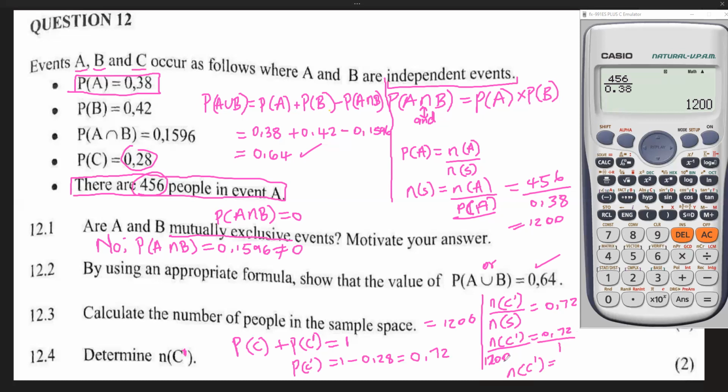This times 1 just remains that. That times that gives me this, right? And then let's see how much this will be on the calculator. So I already have 1.2 there. I'm just going to multiply it by 0.72. It gives me 864 people. You see. Perfect.